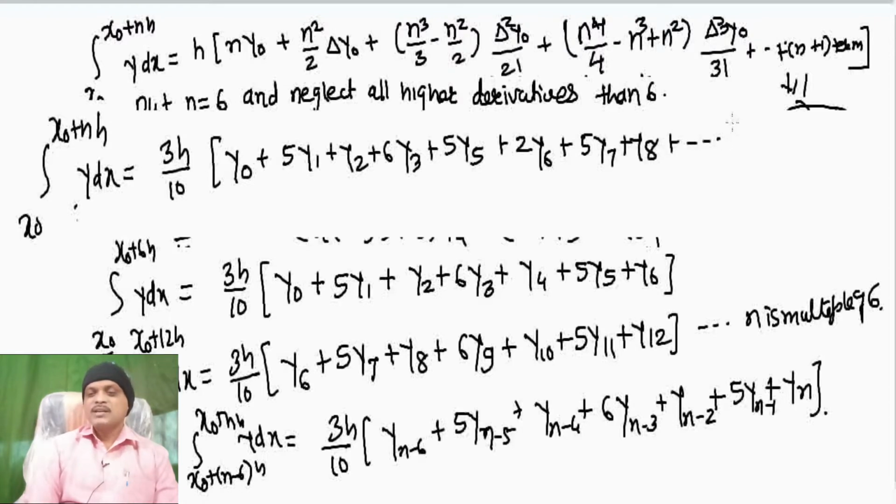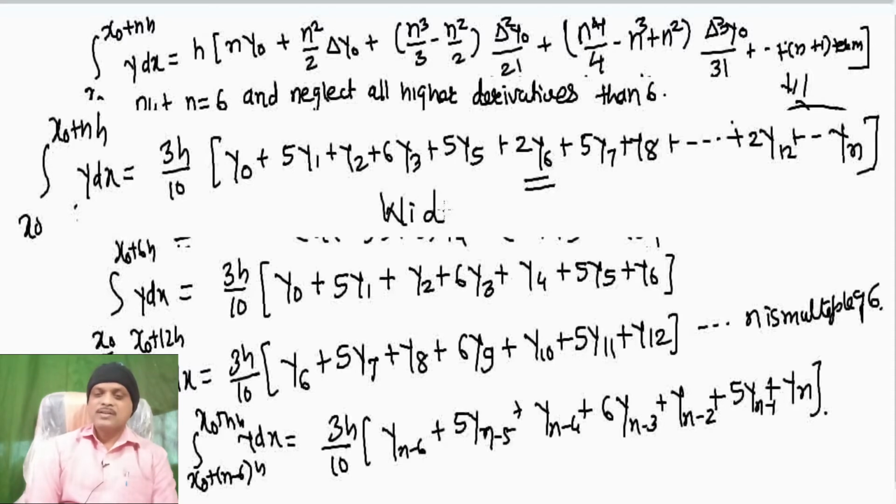So we get the multiples of 6; there will be plus twice the y12 term, and the last term will be yn. This is known as Weddle's rule.